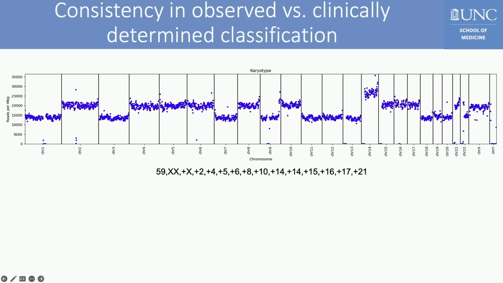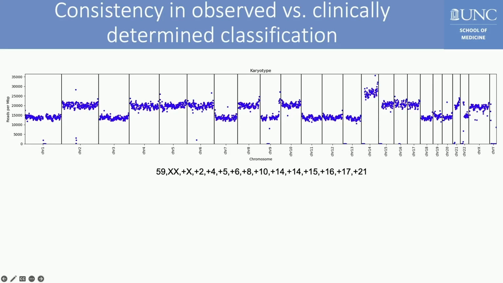We see about 50% more reads for chromosome 2, chromosomes 4, 5, 6, etc. And so we can infer that there is an extra copy of these chromosomes. Likewise, if you look further over to the right, we see that there's about 100% more reads for chromosome 14, and so we can infer that there are 2 extra copies of this chromosome.